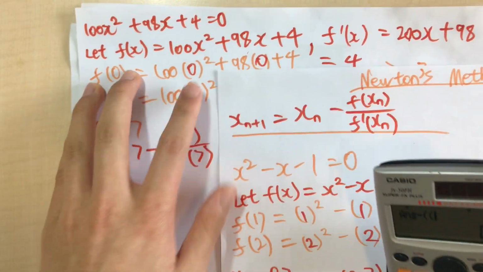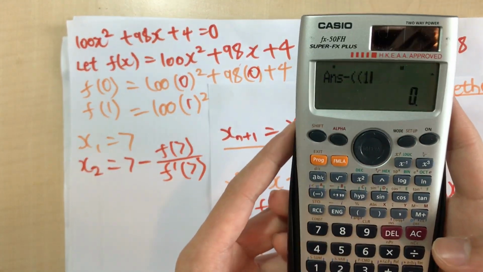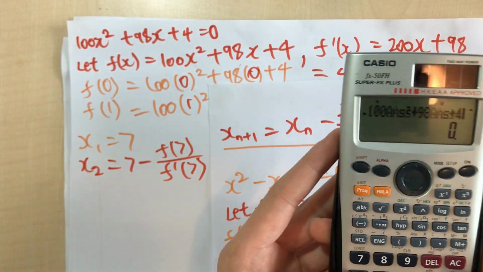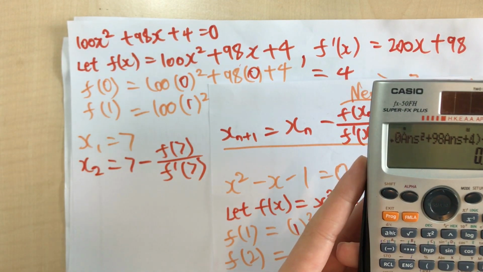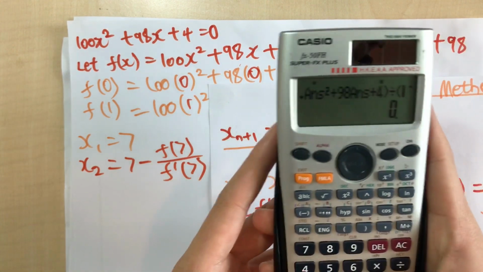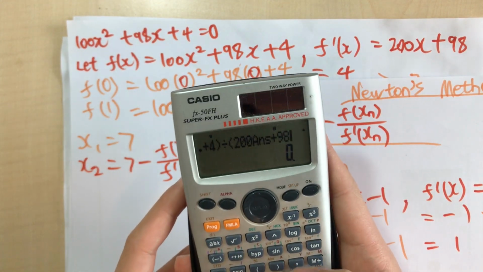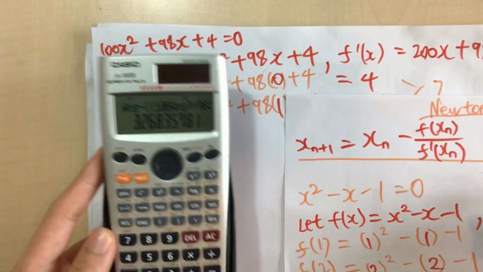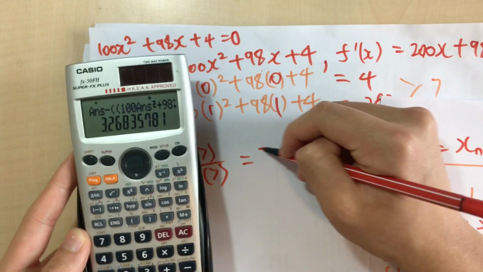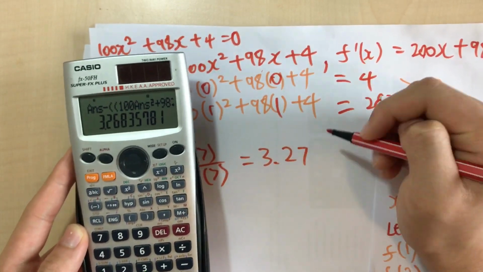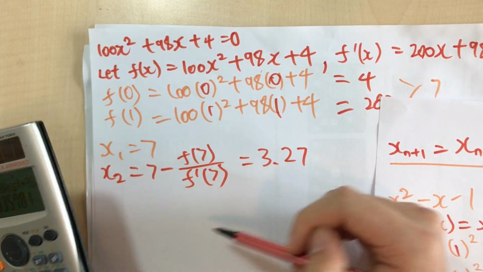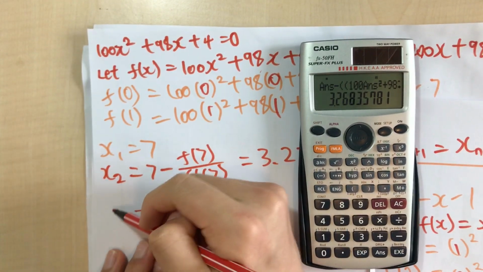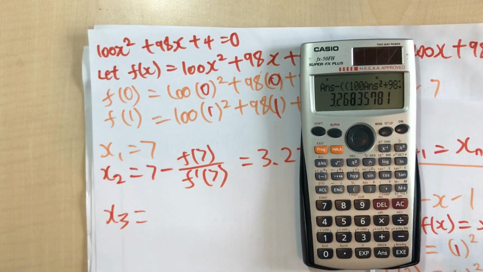Our f of x is here: 100 answer squared plus 98 answer plus 4, divided by f prime of x, which is 200 answer plus 98. And then we get 3.627 approximately.